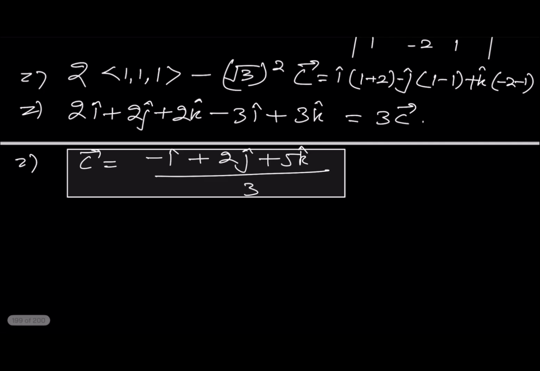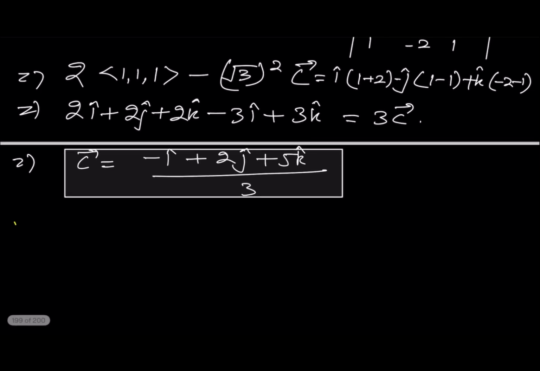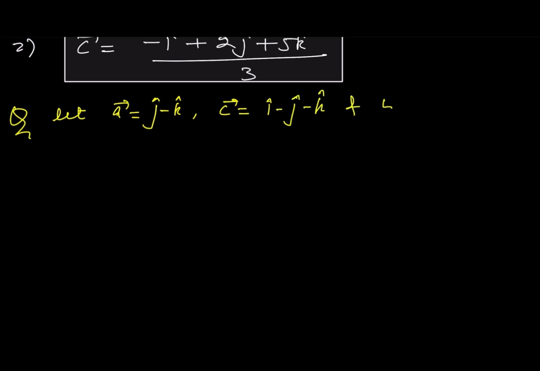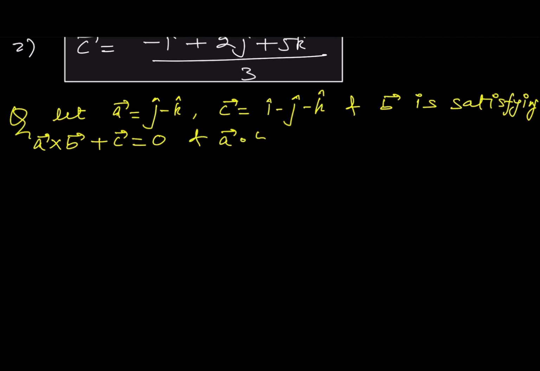Okay, let us take another question. Question is, let a vector be j minus k, c vector be i minus j minus k, and p vector be satisfying a cross p plus c is equal to 0 and a dot p is equal to 3.